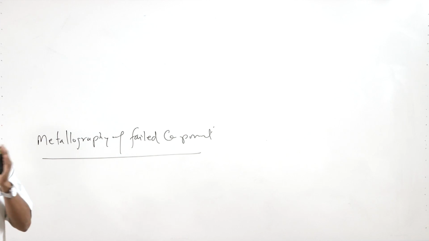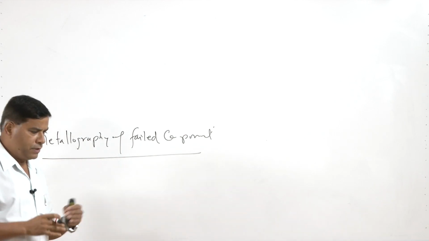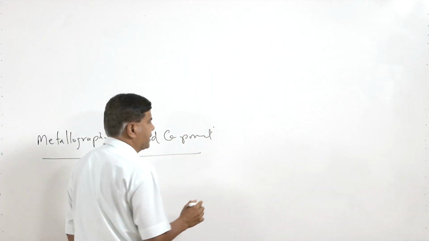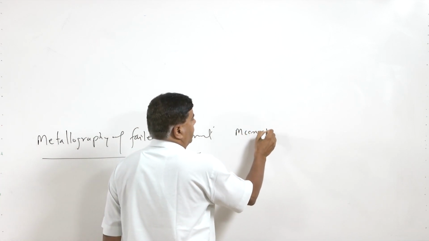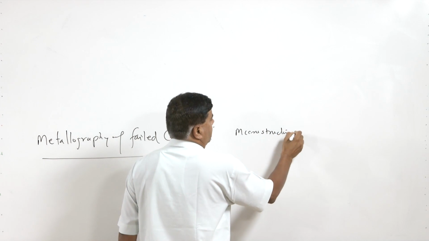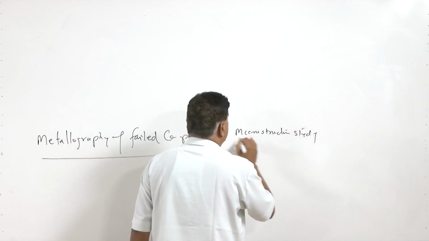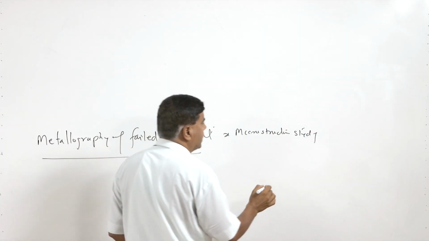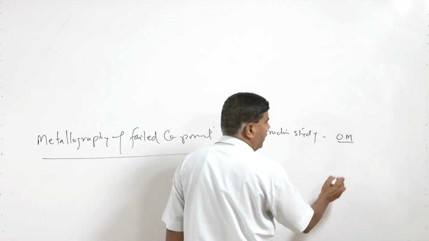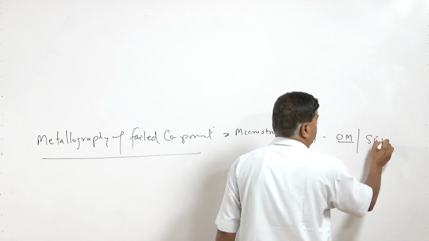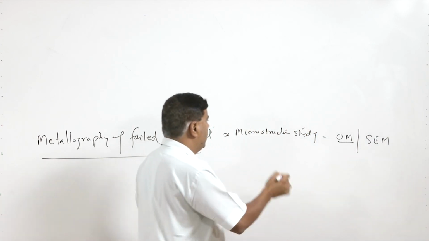Metallography is a very wide word which involves various aspects like microstructure study. This we basically try to carry out with the help of optical microscopy or scanning electron microscopy.